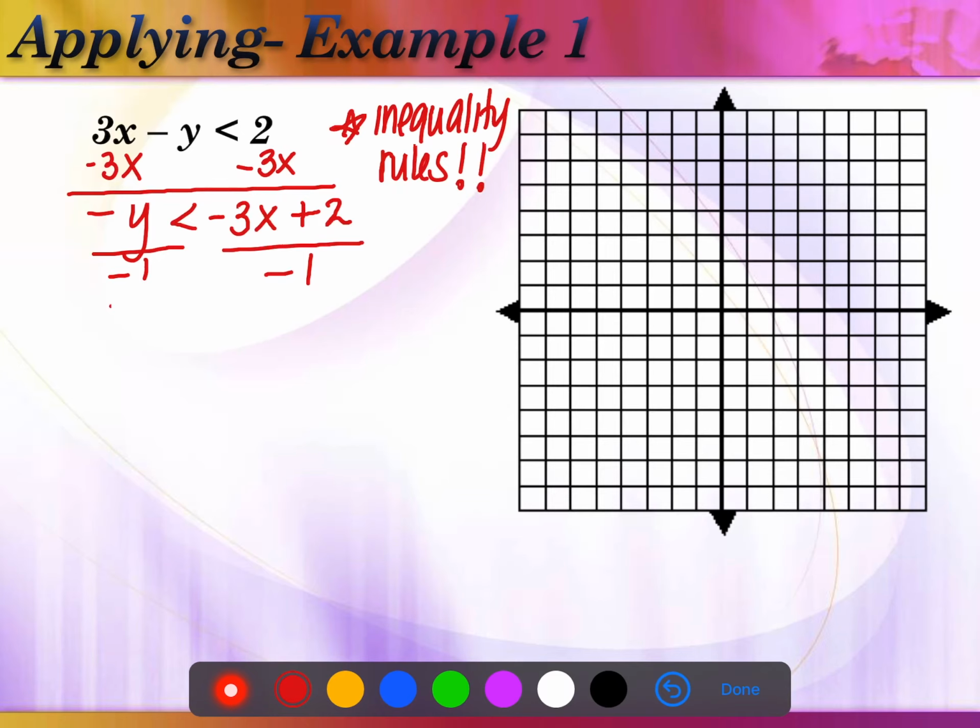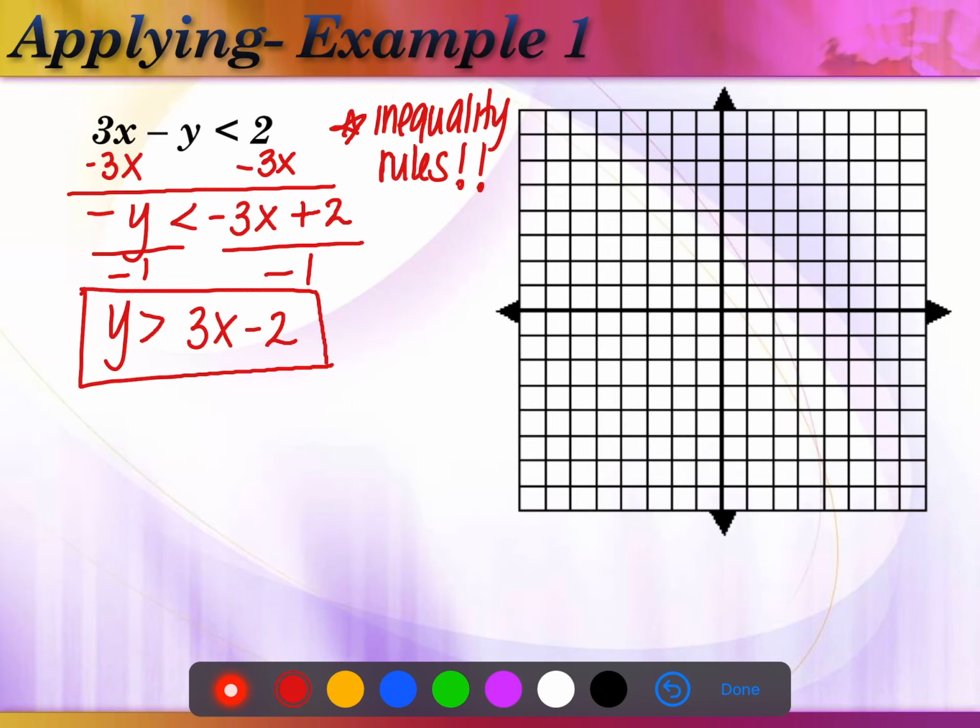When you multiply or divide to the other side using a negative, you have to flip the symbol. So this inequality now becomes greater than. If we forget that step, it's going to interfere with the shading that we put on the graph. Now we're going to use slope-intercept form to graph.